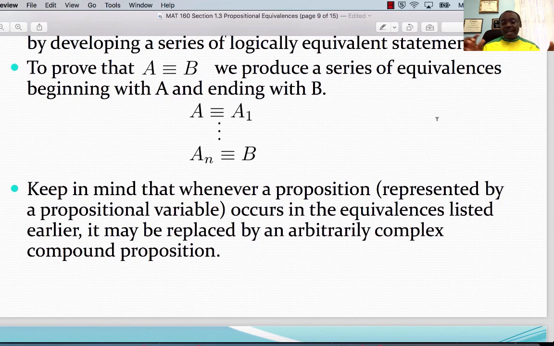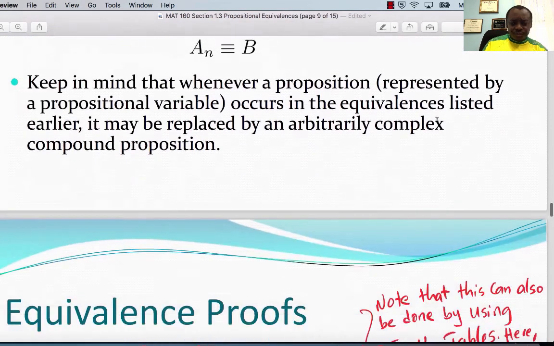So when you see P implies Q, it could be a huge complex compound proposition implies another complex compound proposition. All you have to do is apply the key logical equivalences and go from A to B without making an error. Let's try a few of those.